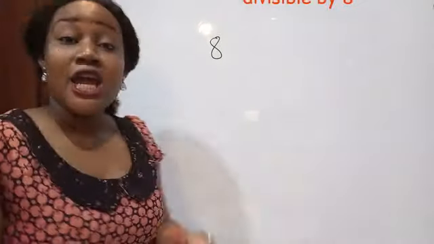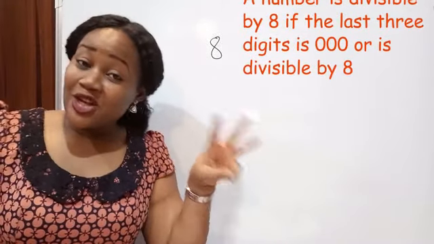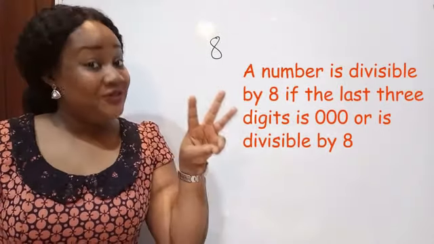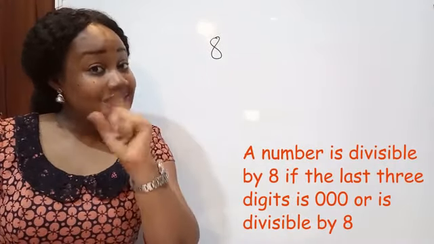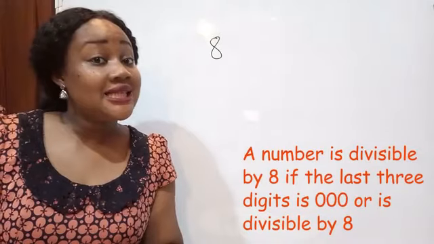How do you find out if a number is divisible by 8? You look at the last 3 digits of the number. If they are divisible by 8, then the whole number is divisible by 8.